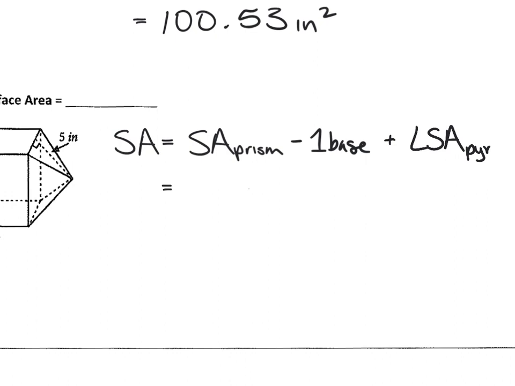What is the formula for surface area of a prism? Should be big P times H, so perimeter times height, and then what? Plus 2B, and B is the area of the base. Now we did this before where instead of writing big B for area of the base, we actually looked at the base.